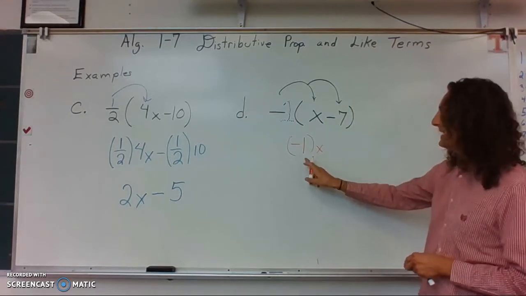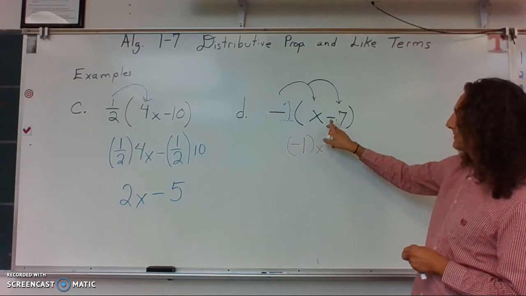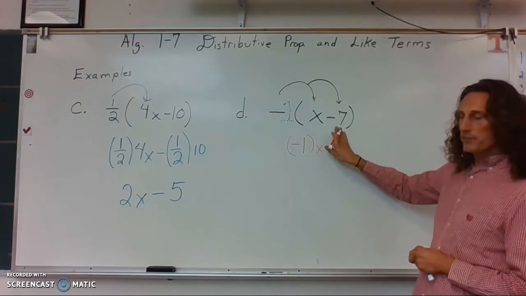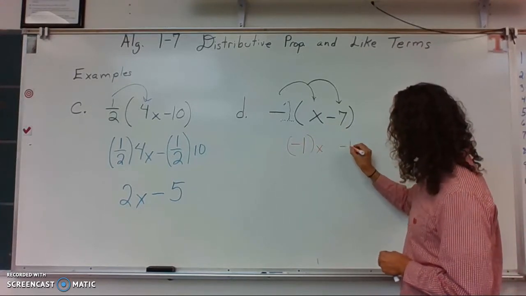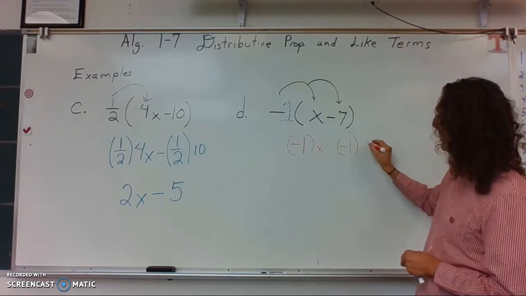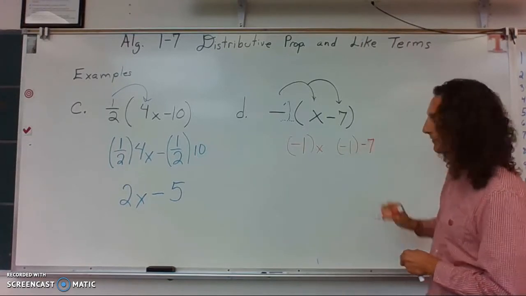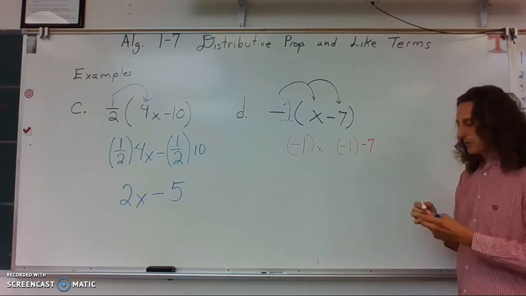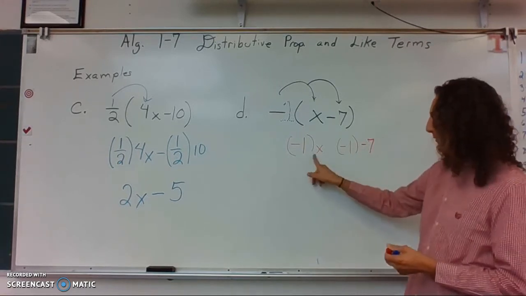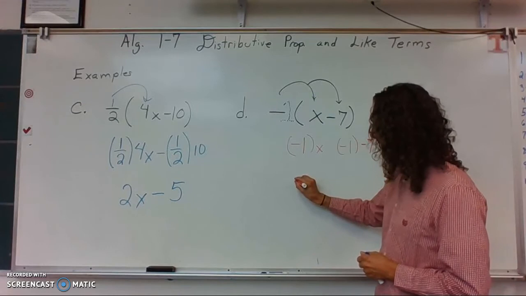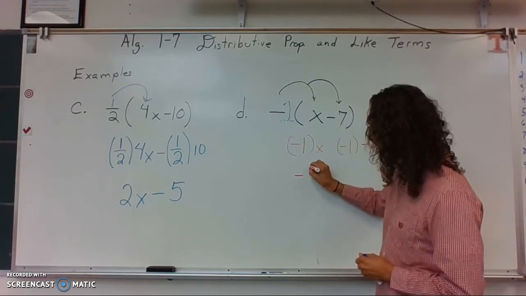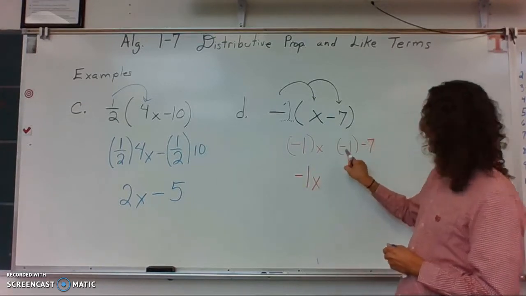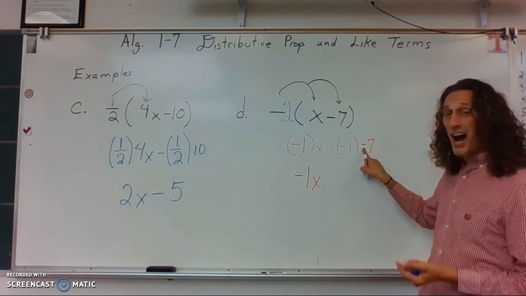Then I'm going to take that -1, and this time I'm not going to put the minus sign. I'm going to see this as a -7. I'm going to go -1 times my -7. Okay. So, -1 times x is -1x. And a negative times a negative makes a positive.